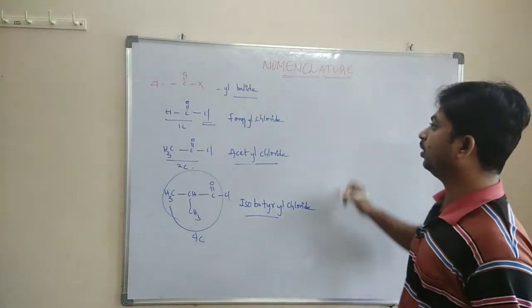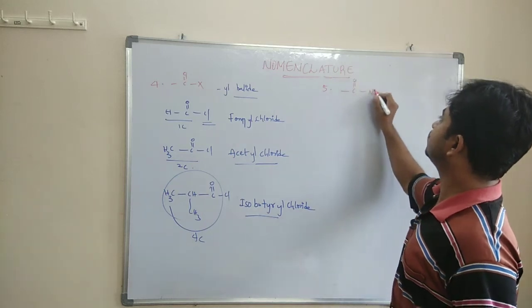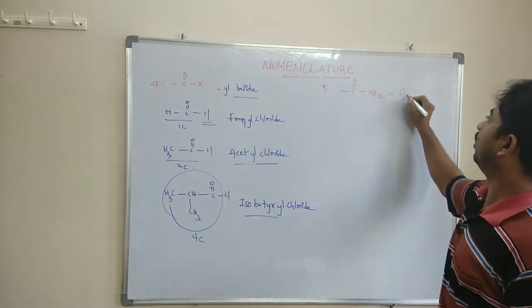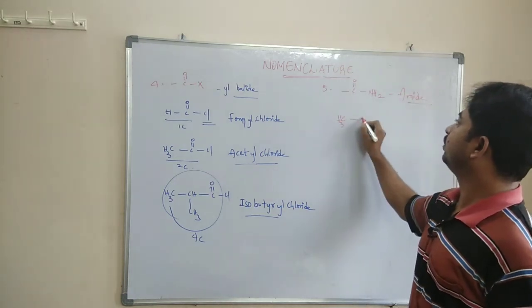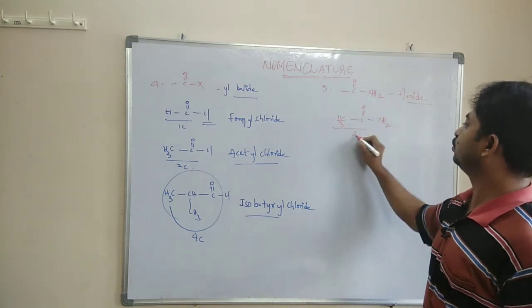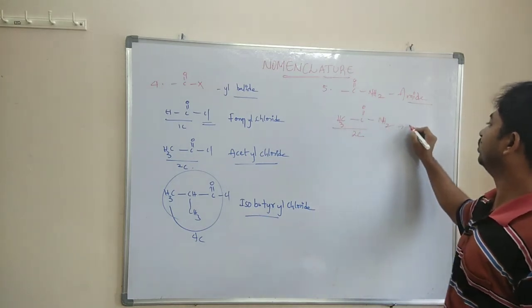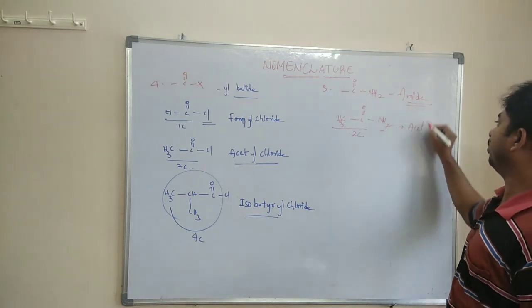Next functional group is the fifth one, C double bond O NH2. The suffix is amide. It is simple. So CH3 C double bond O NH2. The number of carbons present is 2 carbons. So the root word becomes acet, then the suffix is amide.